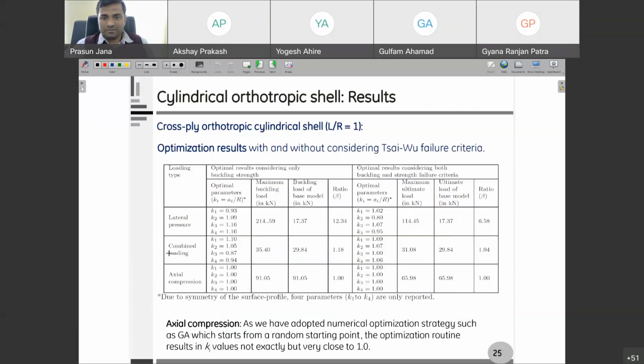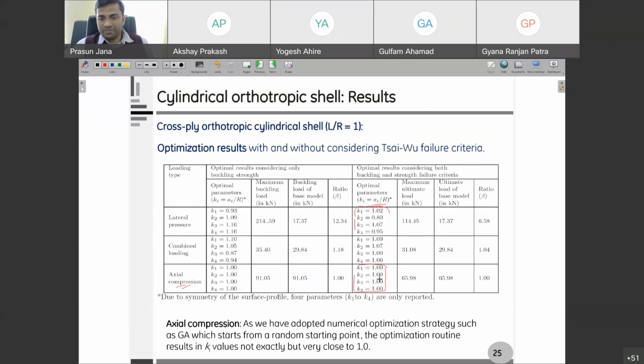And this is the output. Here, these are the K values. K is like the AI values normalized with respect to the radius. And when it is 1, the AI is equal to the radius. So you can see for axial compression, we got K1 close to 1.